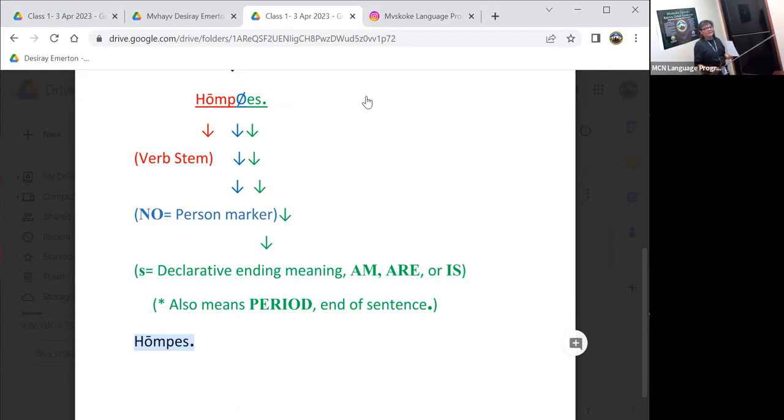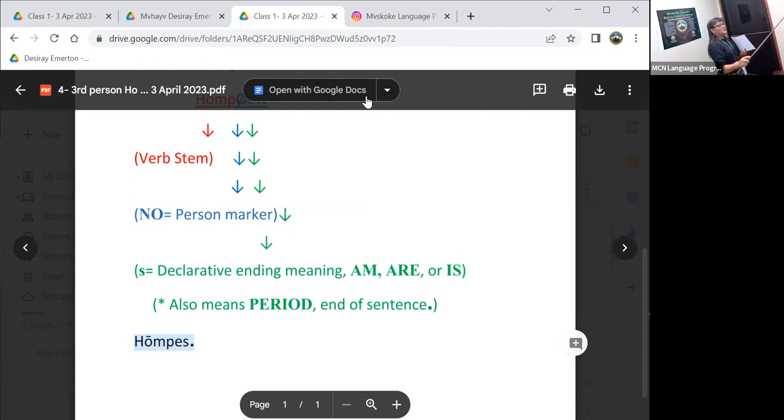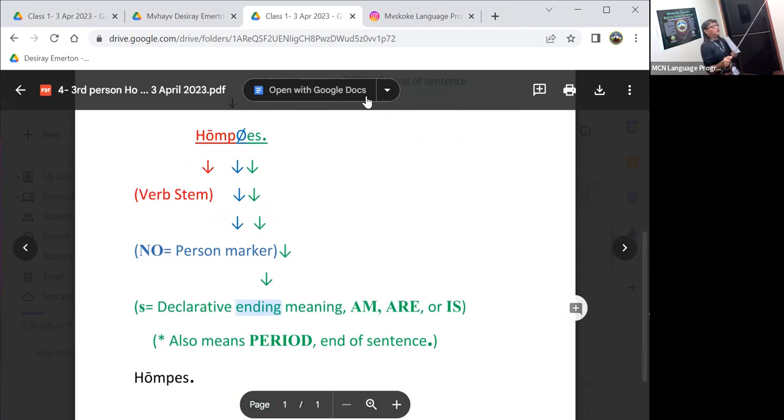Does that make sense? All right. So that's why I didn't put the person marker there at the bottom, because I wanted to show you that in the steps, it was only a placeholder.